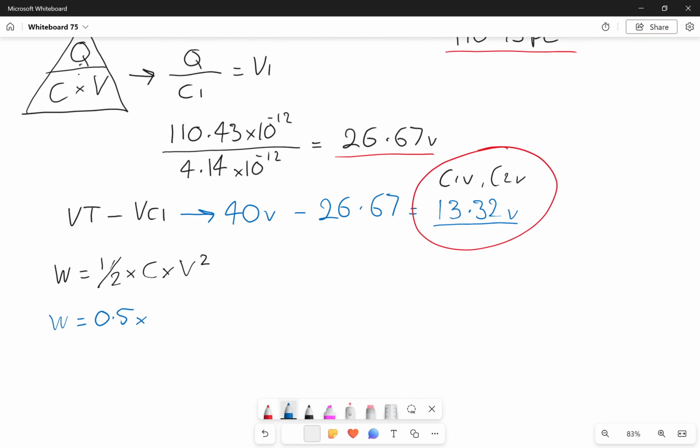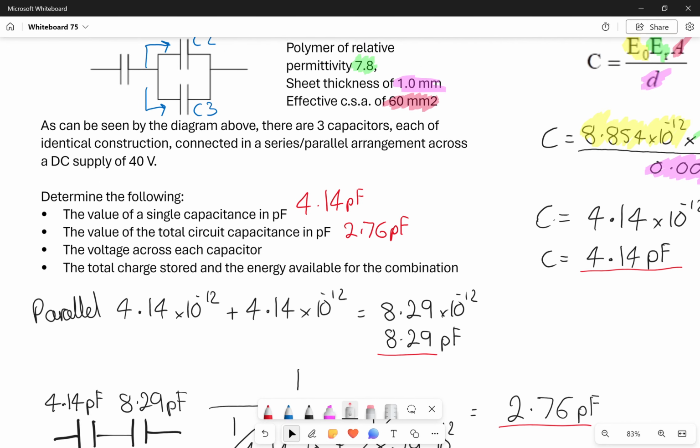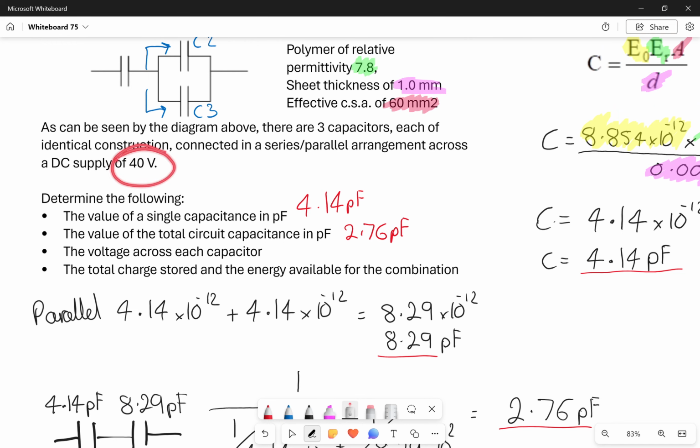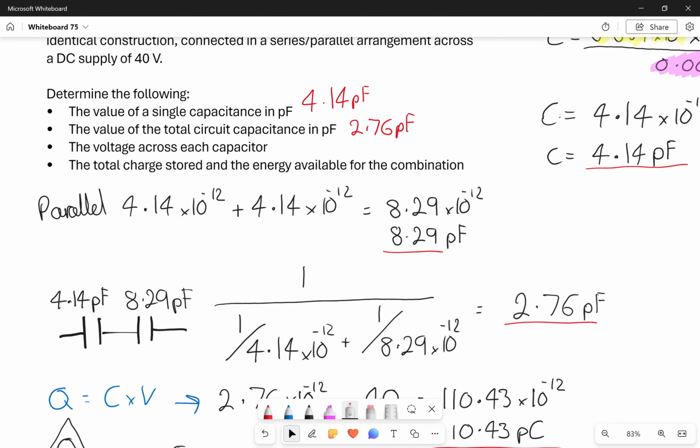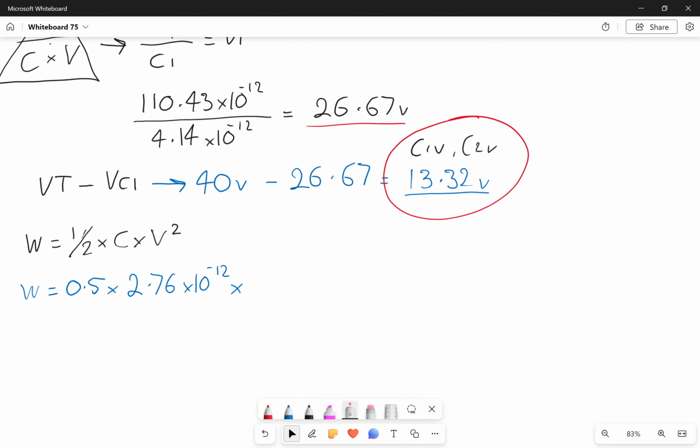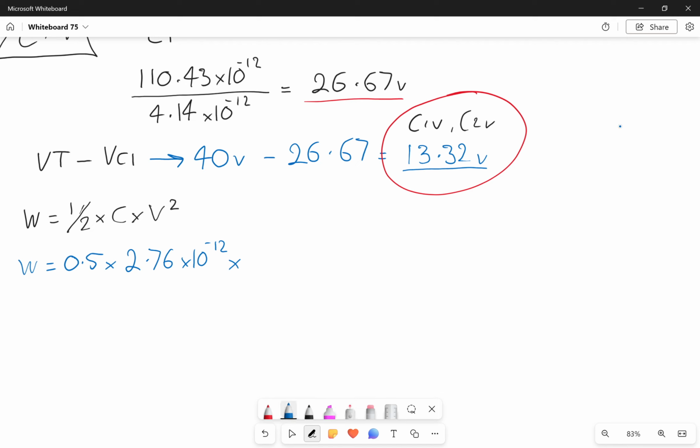So the main bit to remember here is that it's 2.76 times 10 to the minus 12, and then we times that by our total voltage squared. And our total voltage was provided to us in the question as part of the specification. So we would write that as 40 squared.